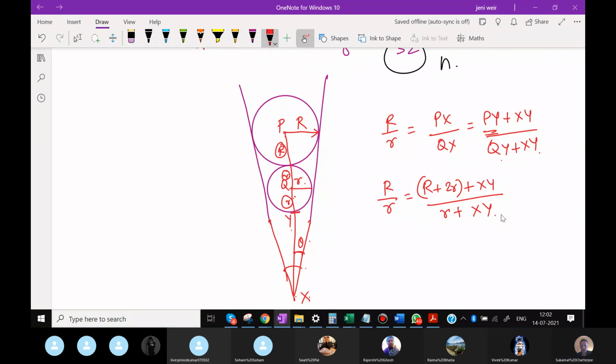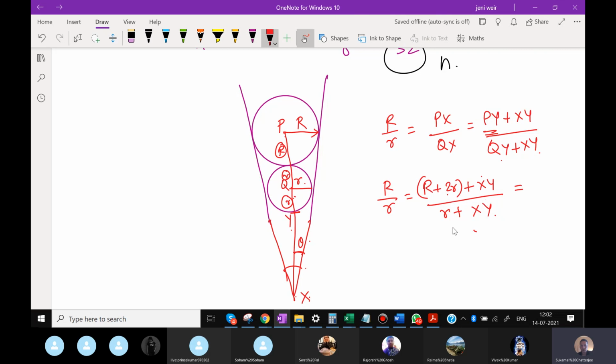Okay, sir. And you do componendo and dividendo on this. So this will be equal to numerator minus denominator by numerator plus denominator. You can do it either way.